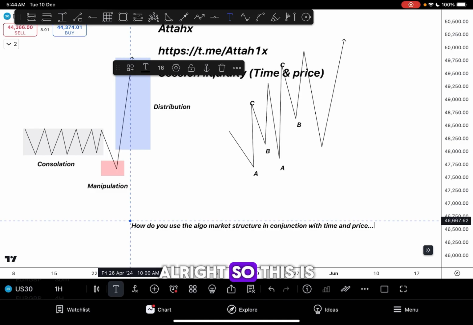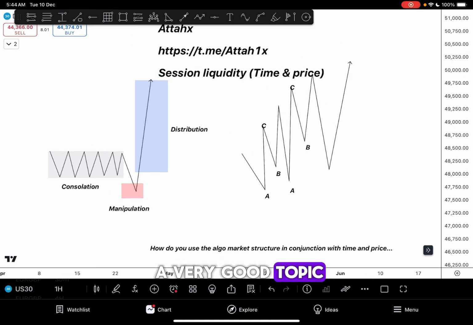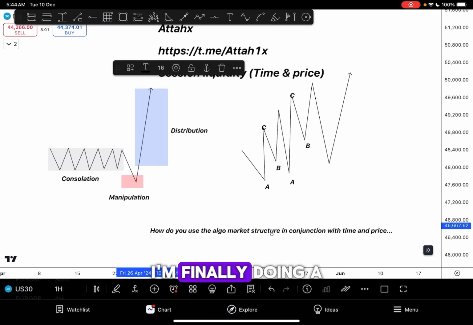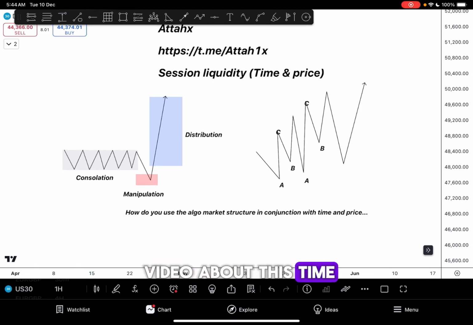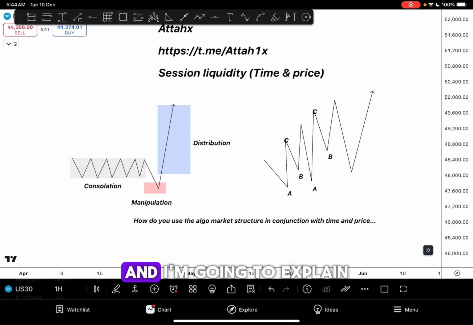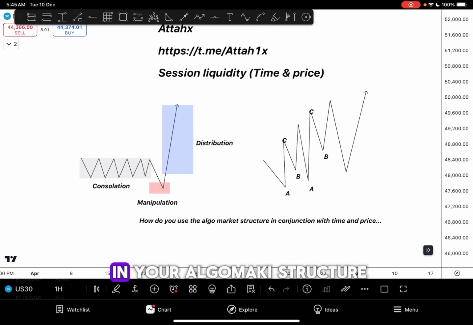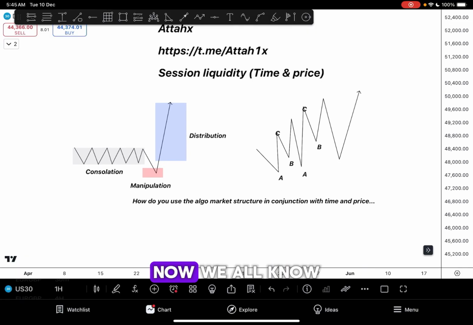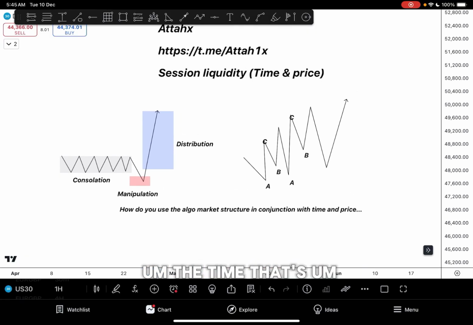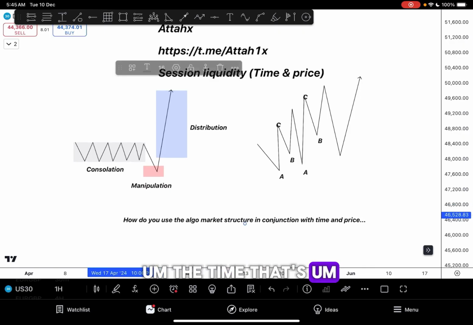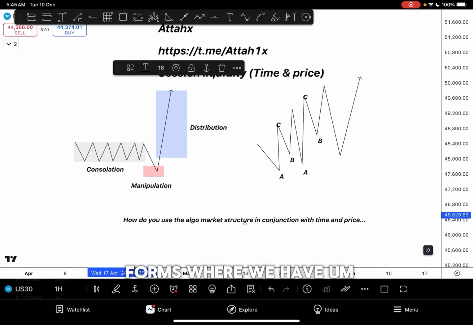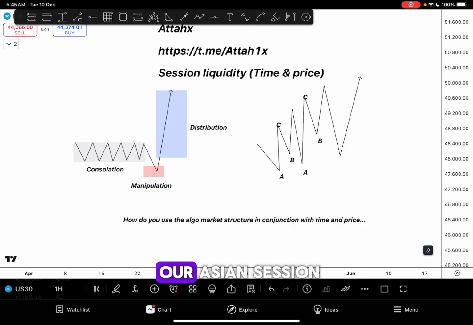All right, so this is a very good topic, and I'm happy I'm finally doing a video about this, time and price, and I'm going to explain how to use it in your algo market structure. Now, we all know the time that the PO3 forms, where we usually have this as our Asian session.